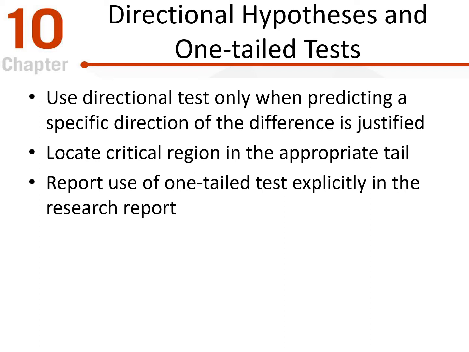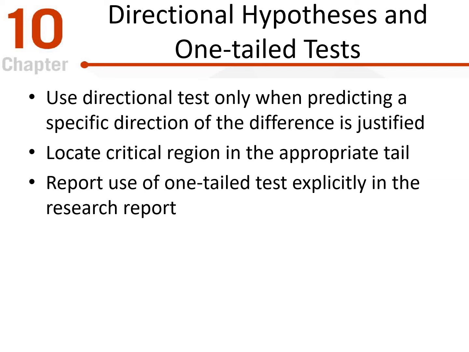You should only use directional if you are almost guaranteed to know the direction of the effect. And even then, I would say it's probably not a good idea. In research, it's almost never a good idea to use directional hypotheses. One, you might make a mistake and have an effect at the opposite end. So you might be thinking increase, increase, and then there's a huge decrease.